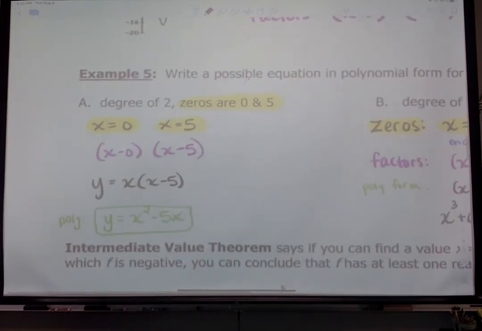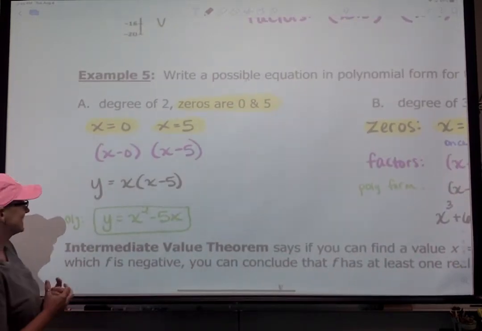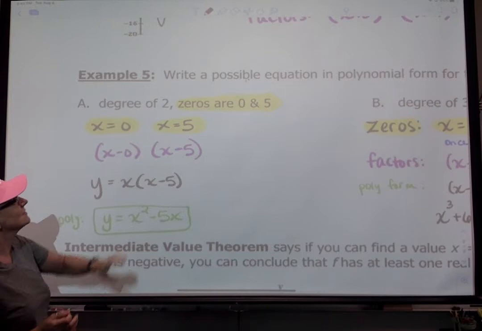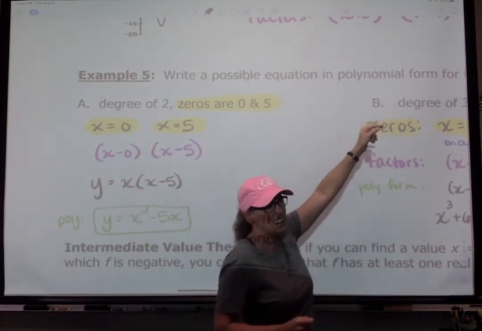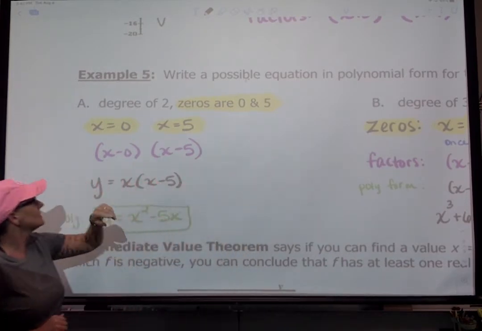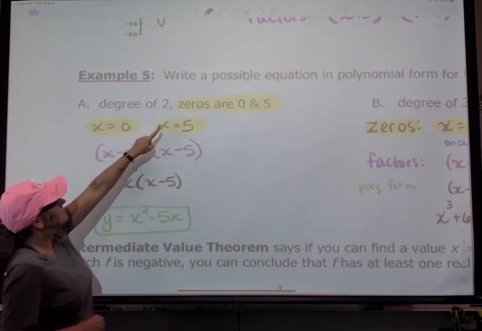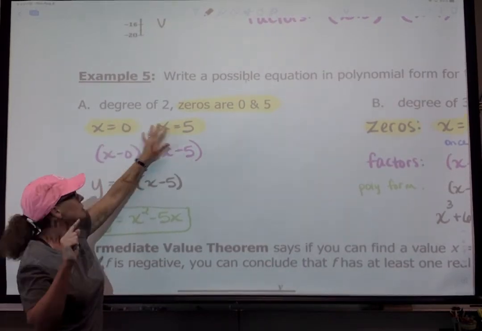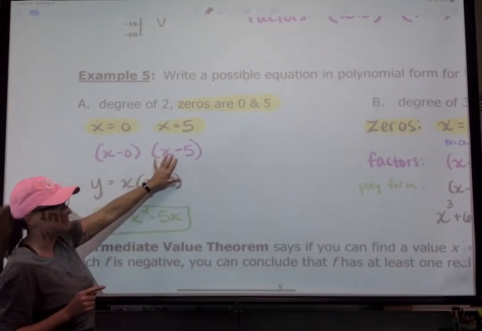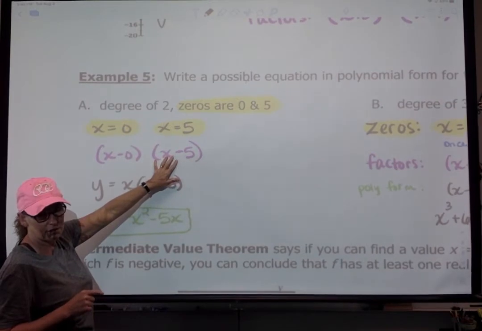Here, however, it says multiply it out. It says write a possible equation in polynomial form. That's all right. Zeros are 0 and 5. Look how I wrote them. Turn those zeros into factors. Okay.